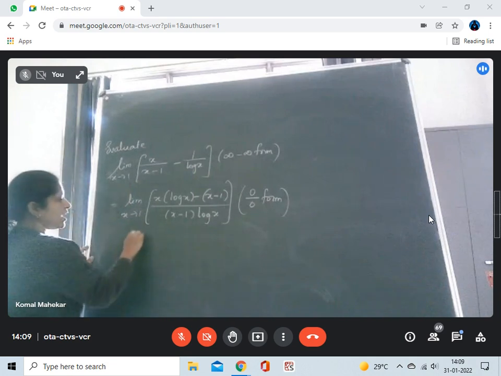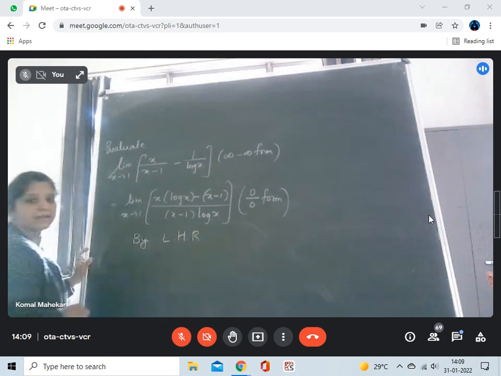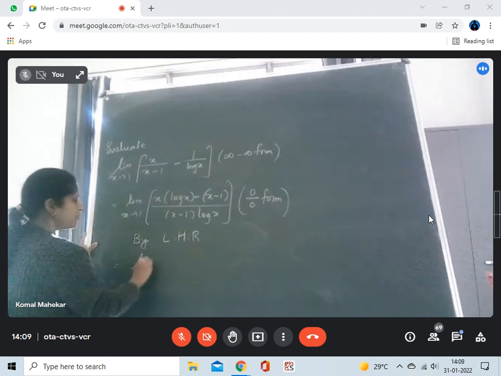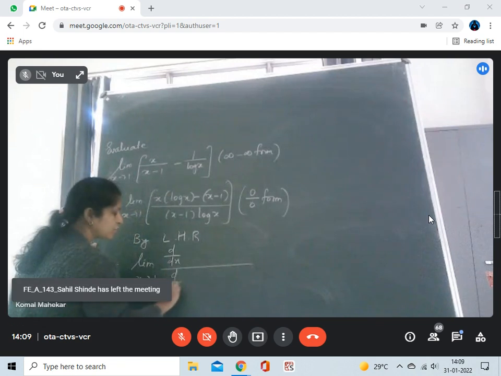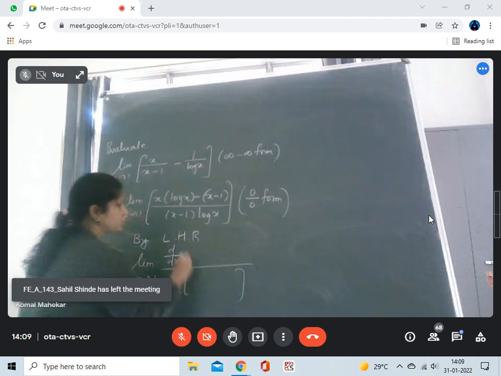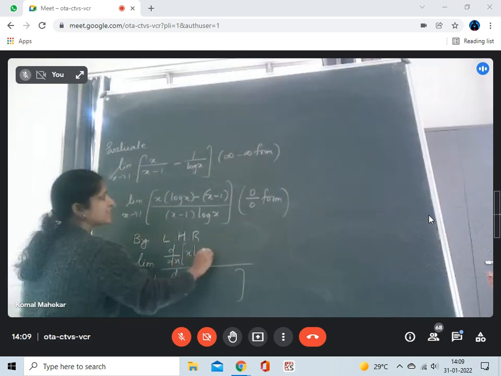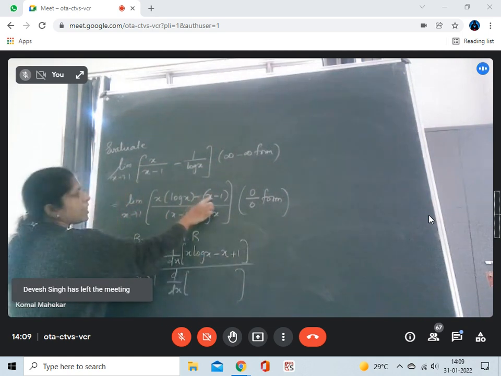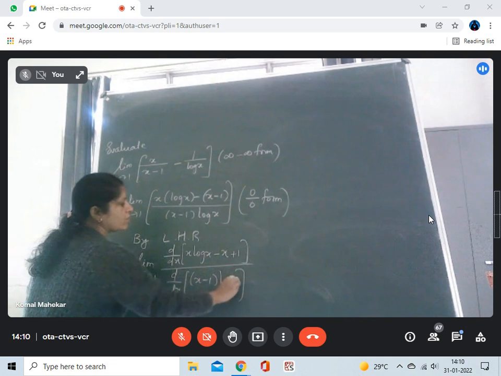Therefore, by applying L'Hospital rule, in short LHR, we find the derivative of the numerator function as well as the denominator function. So d by dx of x into log of x minus x plus 1, divided by x minus 1 into log of x.